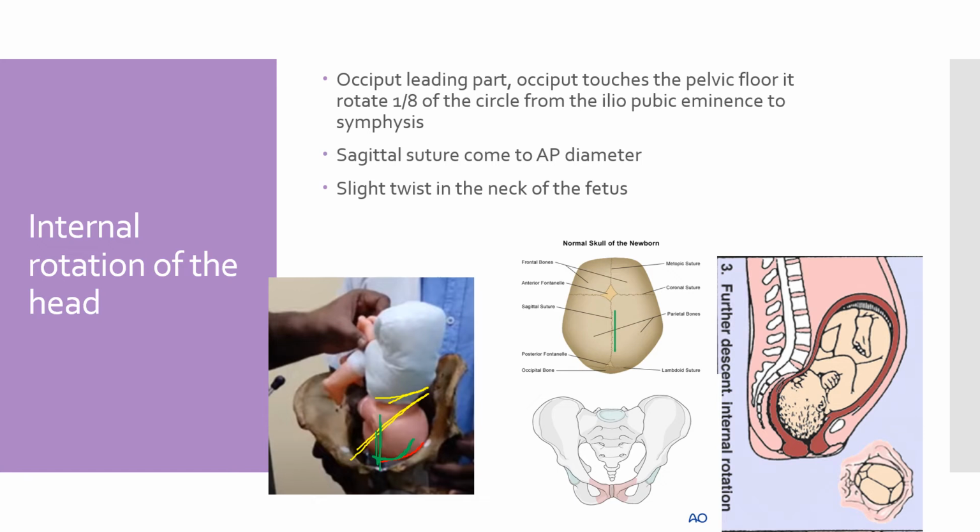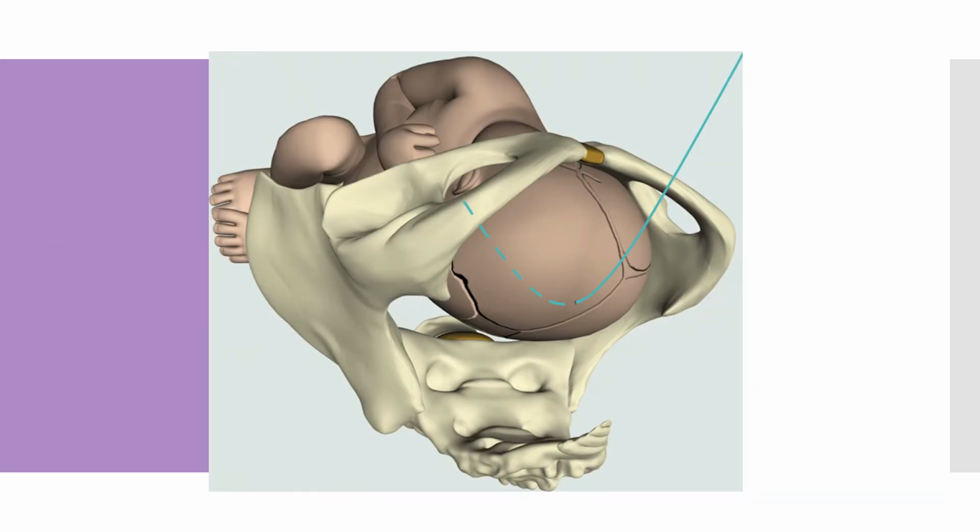The next one is, for this image, for easy understanding purposes, I have pasted this one. This part is the ischial tuberosity. This one is the ischial spine. So the head meets the resistance in the birth canal, then automatically the head rotates from here, the iliopubic eminence on the opposite side, to the symphysis pubis.